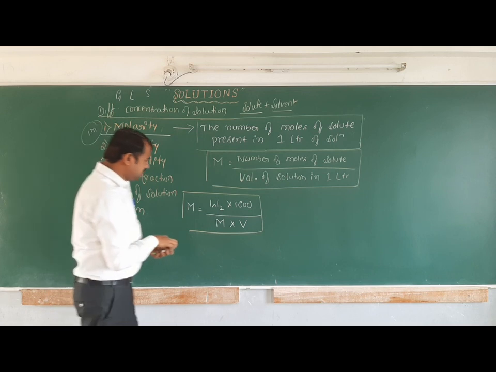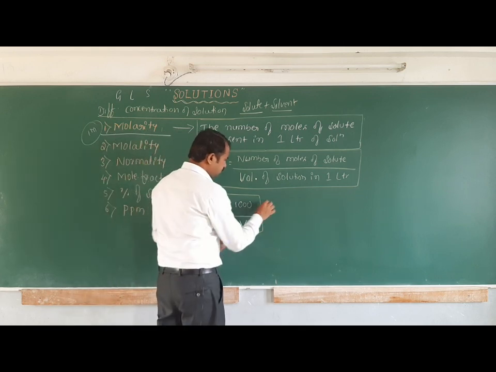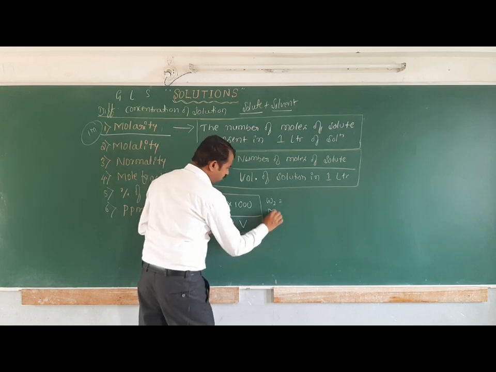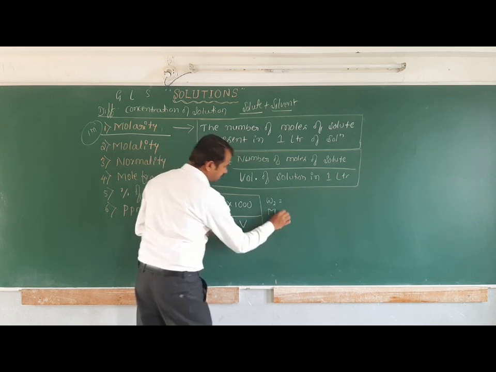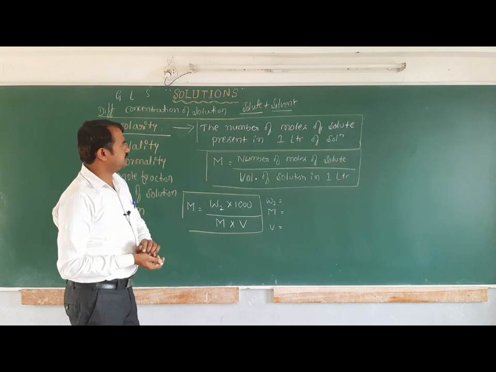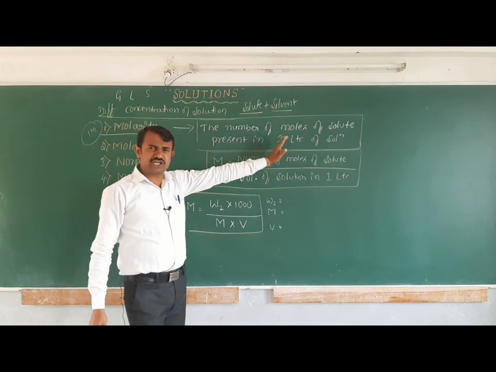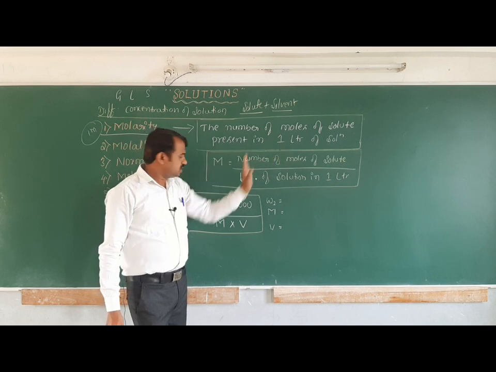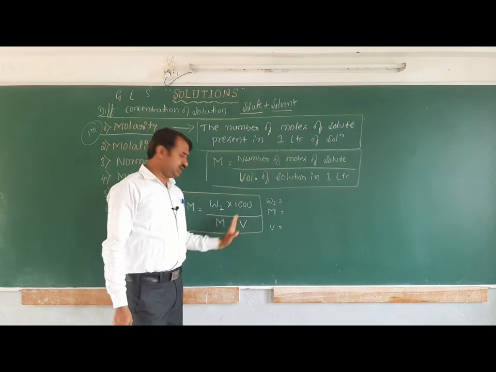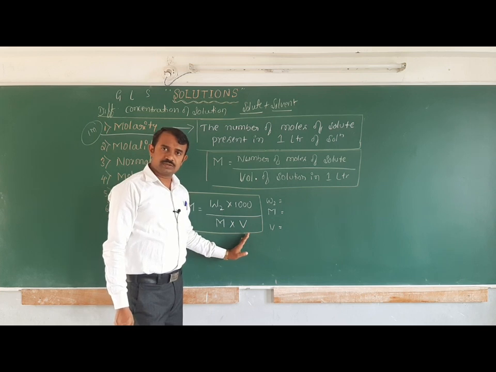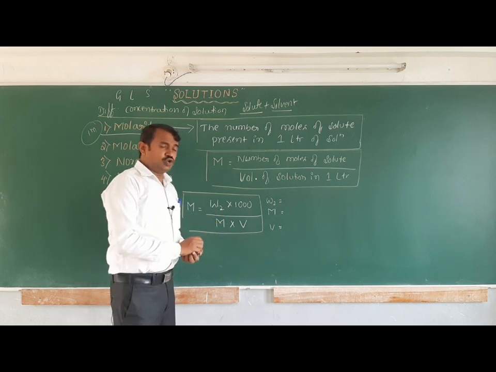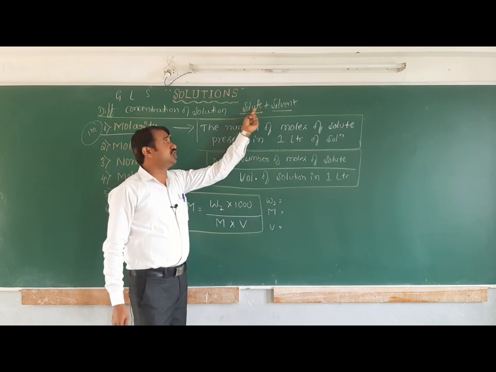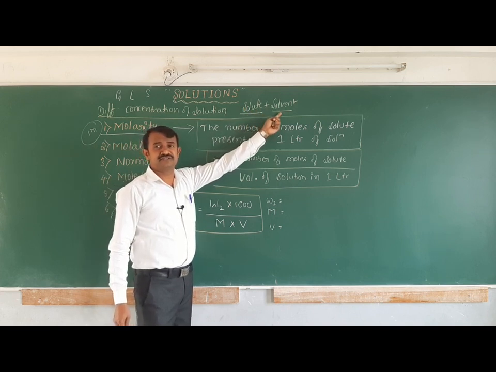What is W2? What is M? What is V? Listen, students. The number of moles of solute present in 1 liter of the solution is called molarity. The formula is M equals W2 into 1000 divided by M into V. The entire solution depends upon solute and solvent.